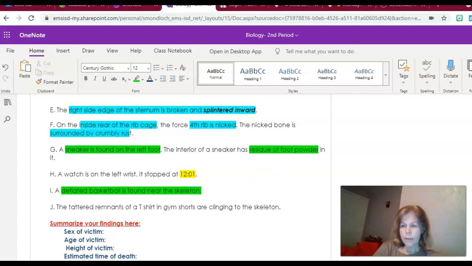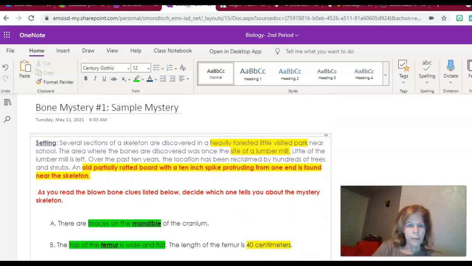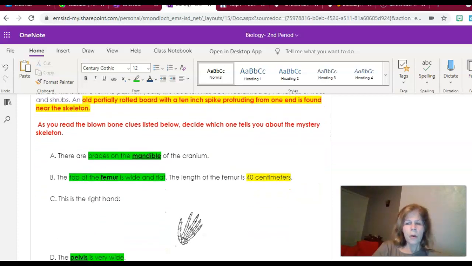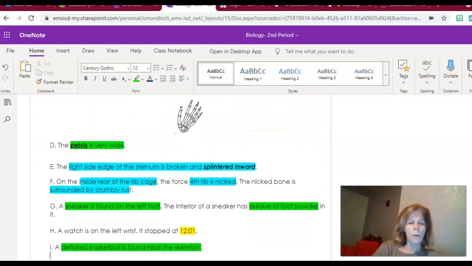Let's see, did it say what type of school, what age level the school was? Visited a park, little of the lumber mill, past hundreds of trees, near school. So we don't know if this was an elementary school or a middle school.